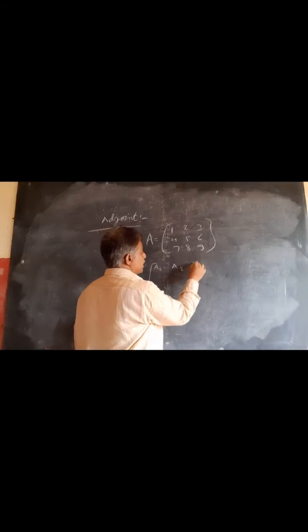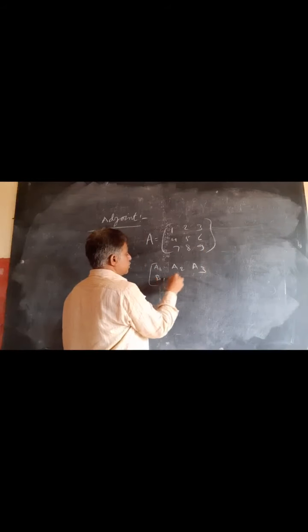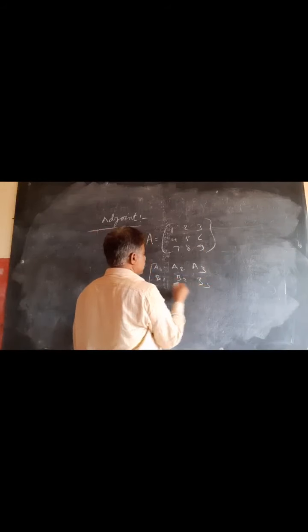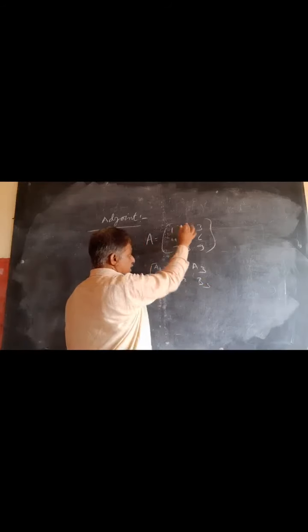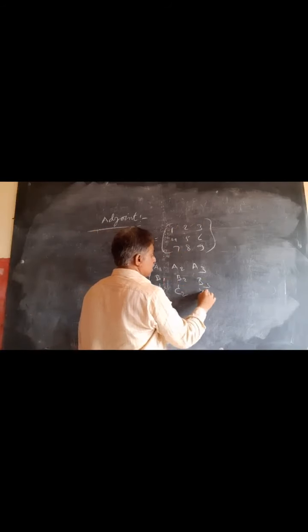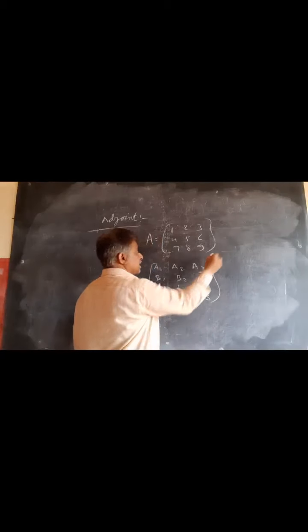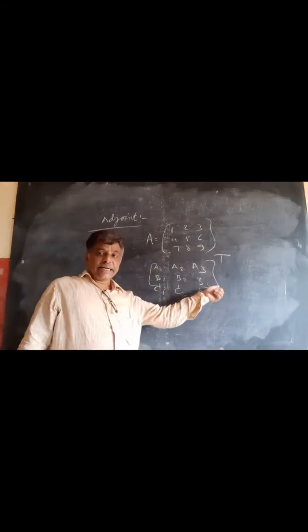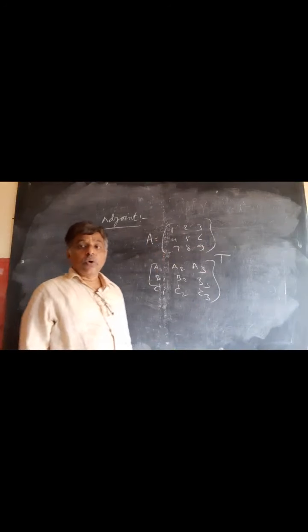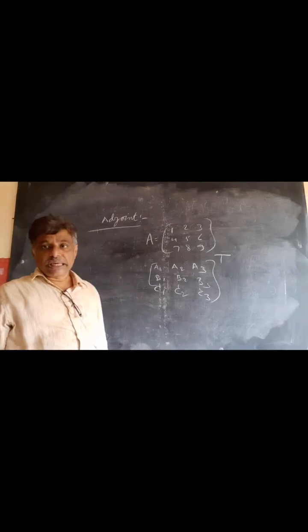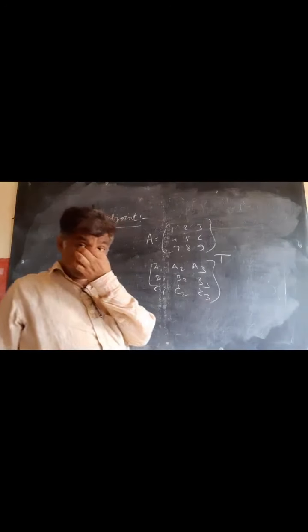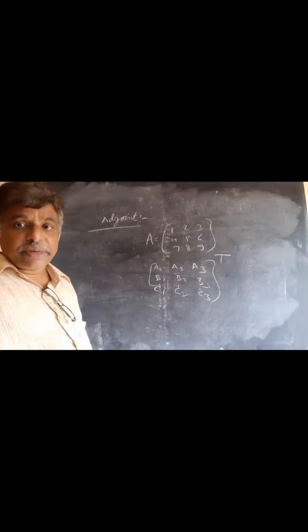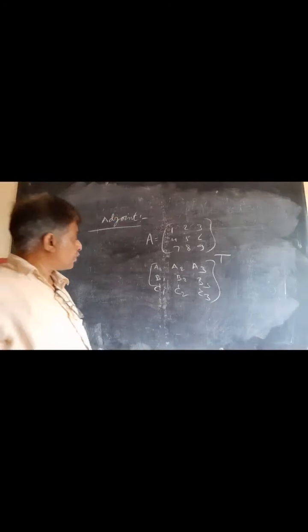If capital A1, A2, A3, B1, B2, B3, C1, C2, C3 are the cofactors of all these elements, then we will find this and transpose it. This gives you adjoint of a matrix.